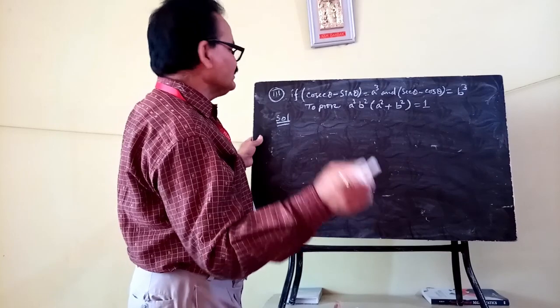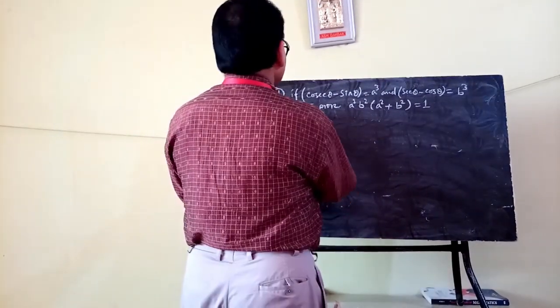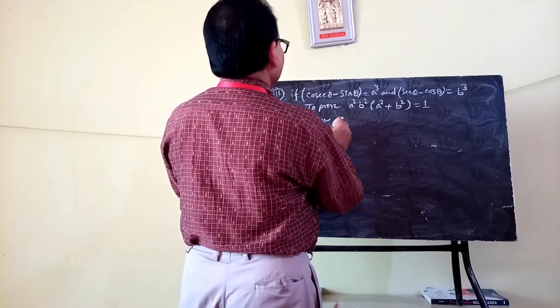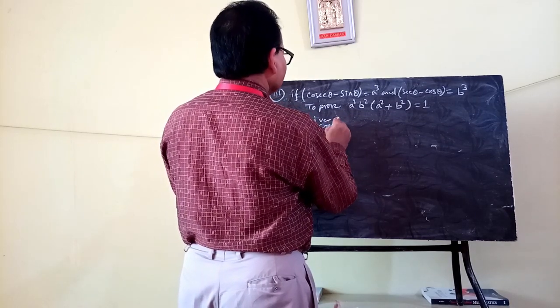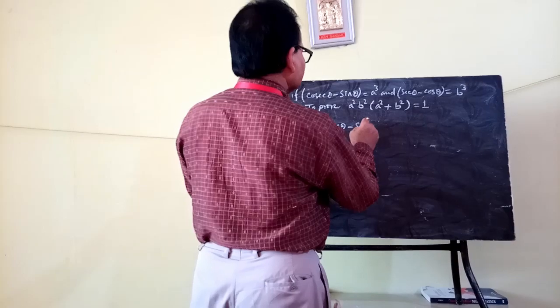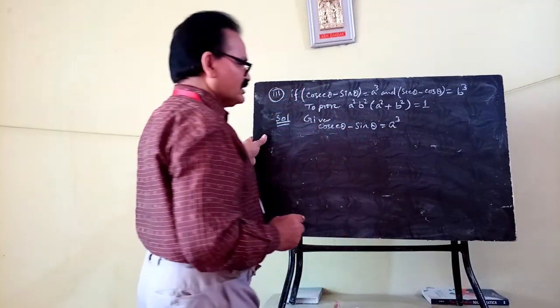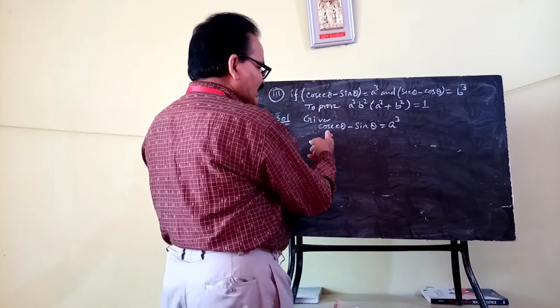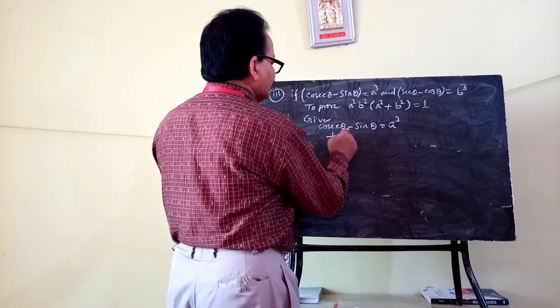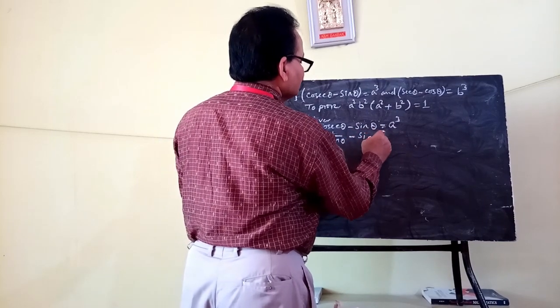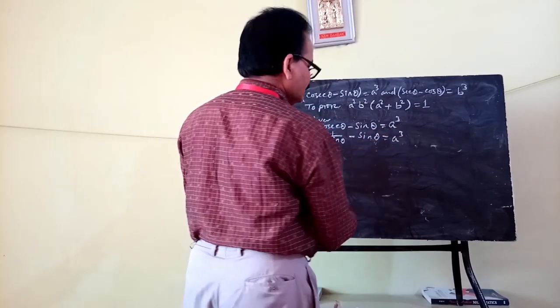So we will start from the given part. Given cosec theta minus sin theta equals a cube. Now if we change this, cosec theta can be written as 1 by sin theta, minus sin theta is a cube.